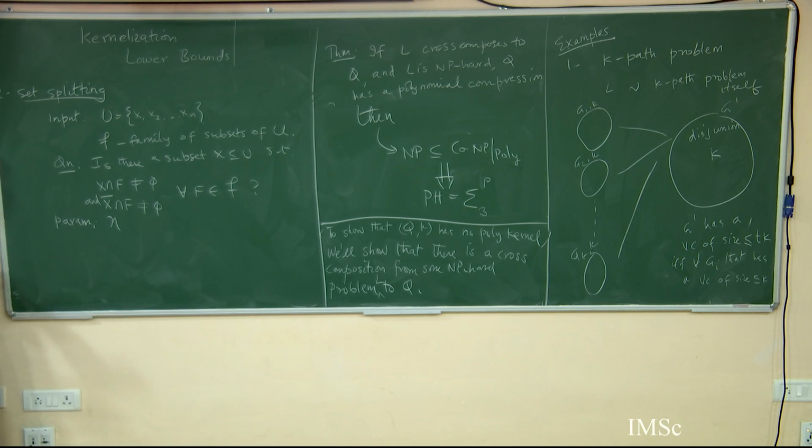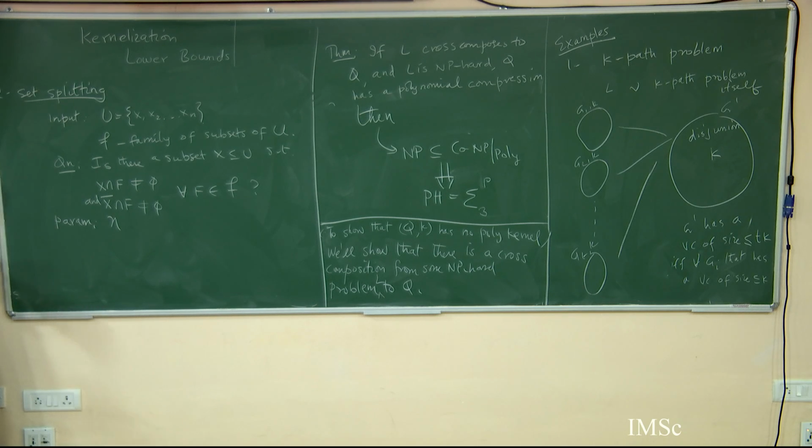So, it is FPT, but I want to argue that you can't compress, particularly the family. You can't come up with some reduction rules so that your family size becomes polynomial in n. Okay, so that is what I want, right?